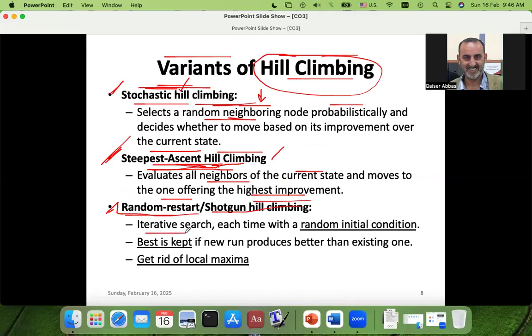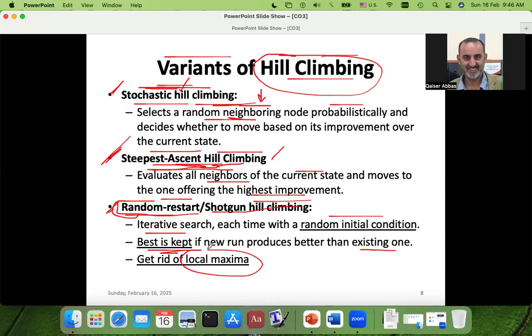It will search iteratively, and each time with a random initial condition, it will keep the best solution. Best means it is better than the existing one. With this approach, you will not get stuck on the local maxima. Here maxima is plural, maximum is singular.